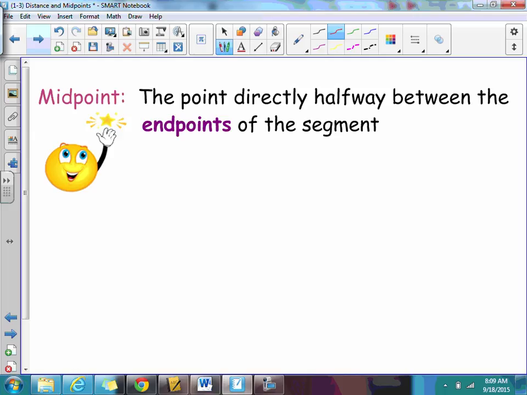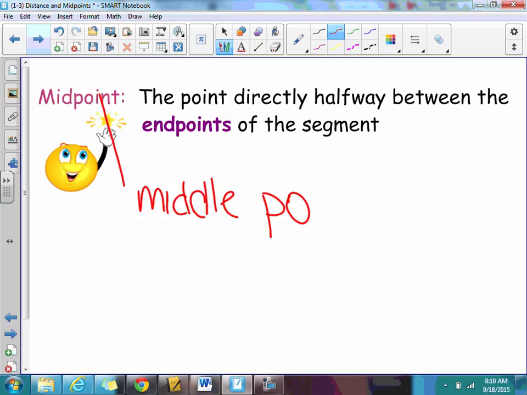All right, next word, midpoint. When you hear the word midpoint, what word do you think of? Middle. Okay, that's exactly what it is. The midpoint is the middle point. It's the point that's halfway between the two endpoints. Easy as that.